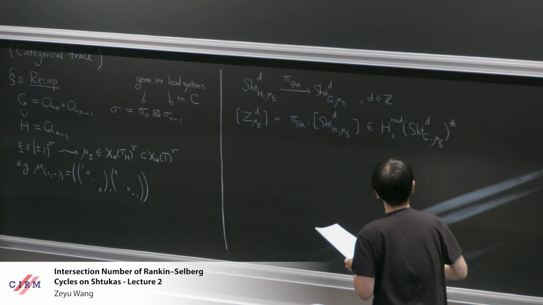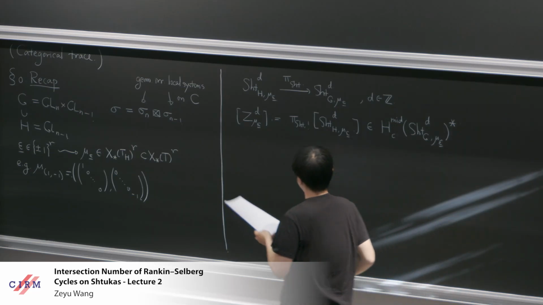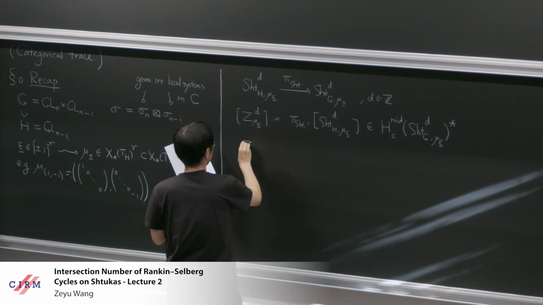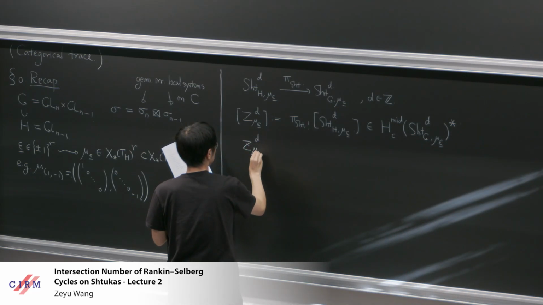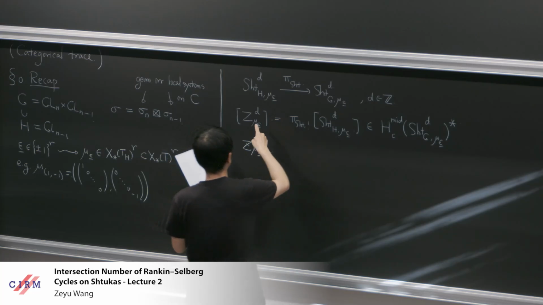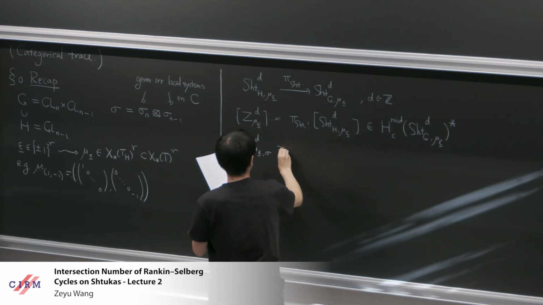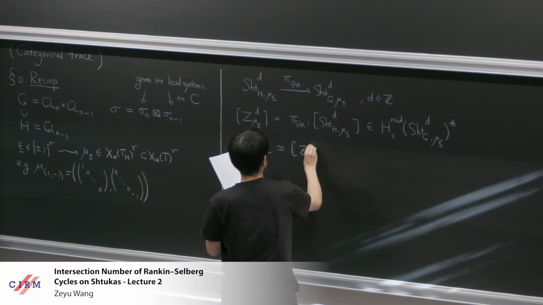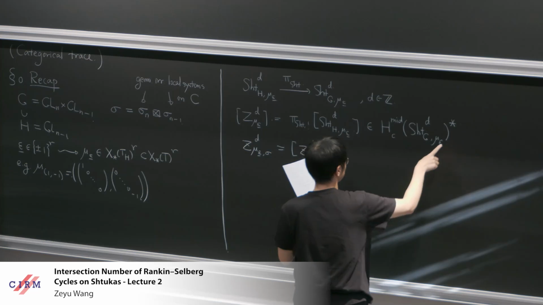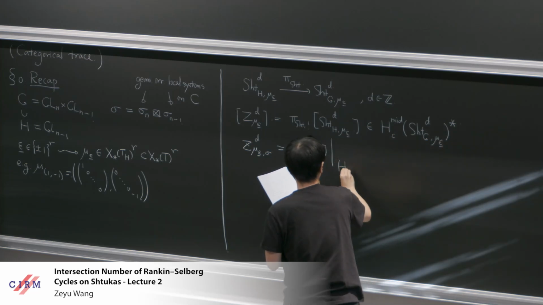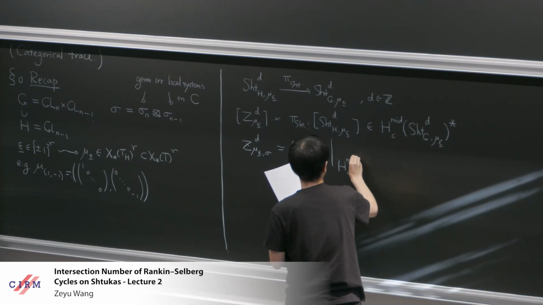Okay, so it's some dual vector here, and so recall that I want to study its restriction to some sigma isotypic part. So it's by definition this element, but you restrict to the sigma isotypic part of the compactly supported cohomology of Shtukas.